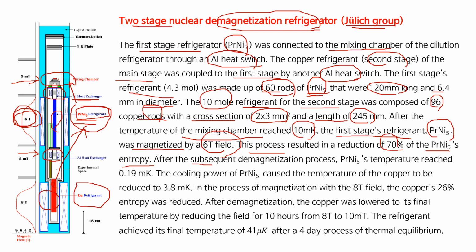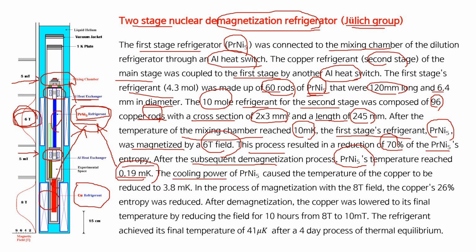After the subsequent demagnetization process, PrNi5's final temperature reached 0.19 millikelvin.